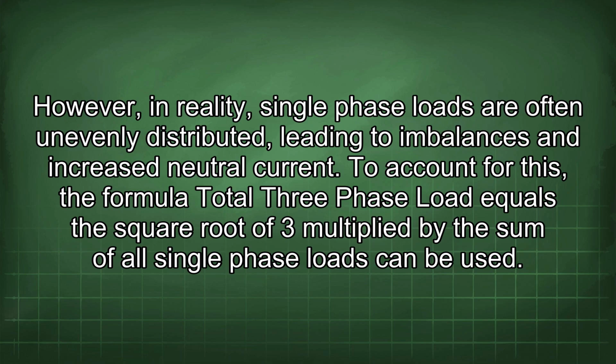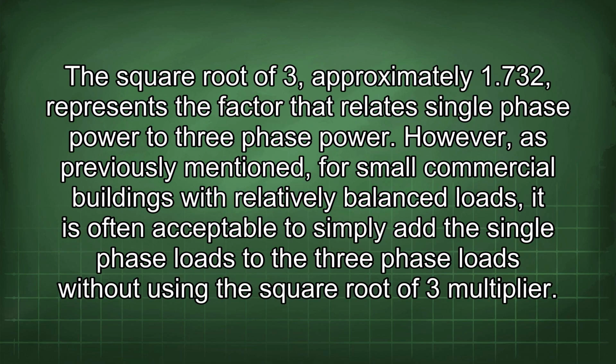To account for this, the formula total three-phase load equals the square root of 3 multiplied by the sum of all single-phase loads can be used. The square root of 3, approximately 1.732, represents the factor that relates single-phase power to three-phase power.